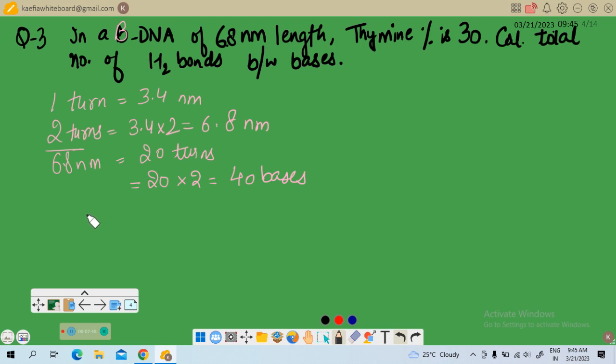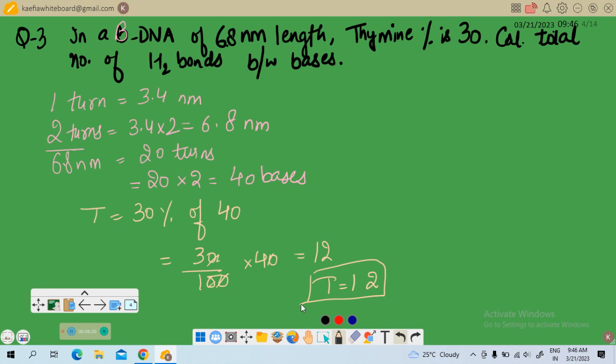Now they have given thymine percent is 30, so thymine will be 30% of 40, that is 30 by 100 into 40, which comes out to be 12. So thymine is 12. Here they are talking about the total number of hydrogen bonds.